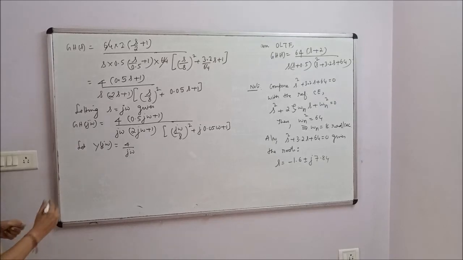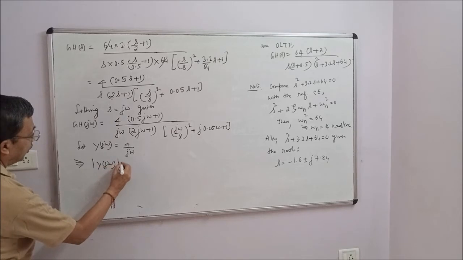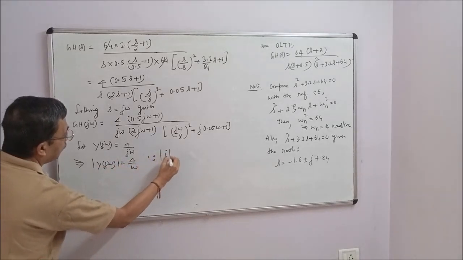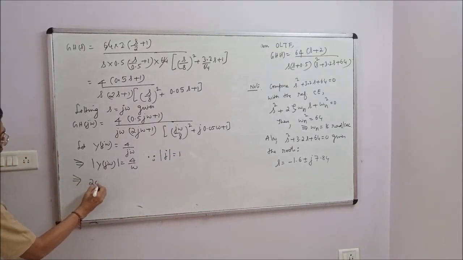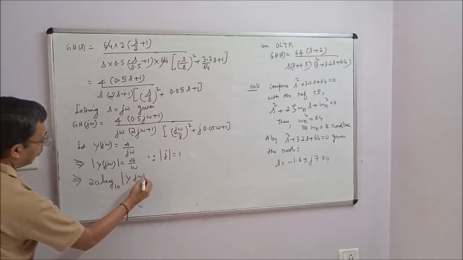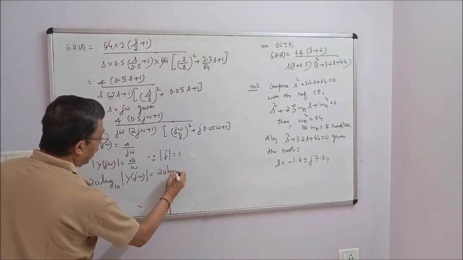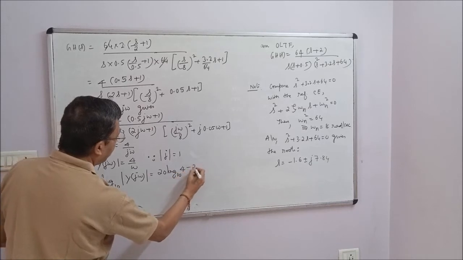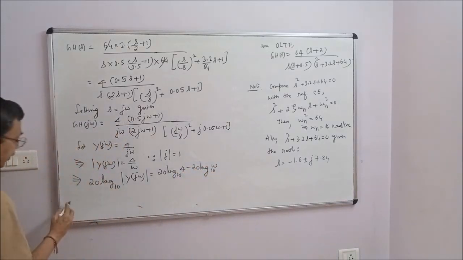Correct. This implies magnitude of y of j omega is equal to 4 by omega, because magnitude of j is equal to 1. Take 20 log on both sides. This implies 20 log to base 10 magnitude of y of j omega is equal to 20 log 4 to base 10 minus 20 log omega to base 10.